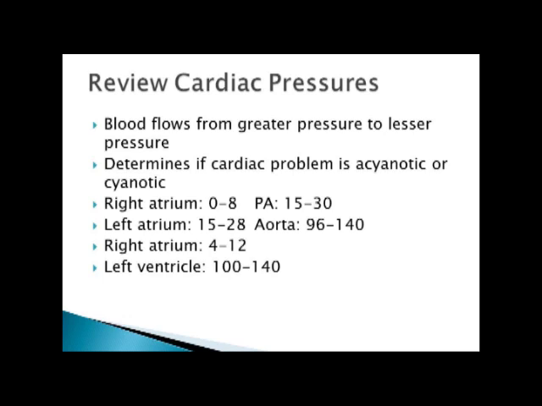The next thing with a really high pressure is the aorta. The aorta is the vessel that takes blood to the systemic circulation, and it's right off the left ventricle, so it has the high pressure too. It can be 96 to 140. Now notice the right side of the heart: 0 to 8 for the right atrium, and that 4 to 12 should be the right ventricle, I'll correct that slide.